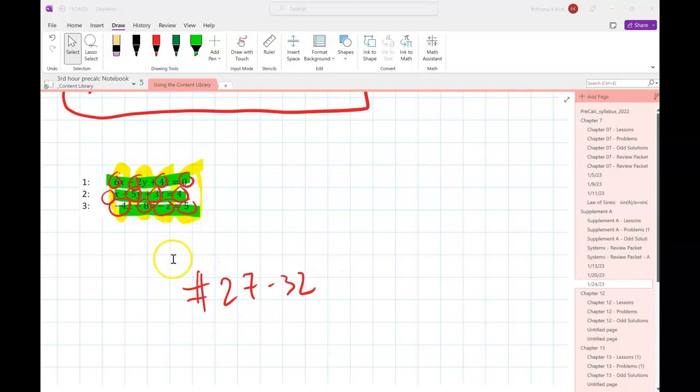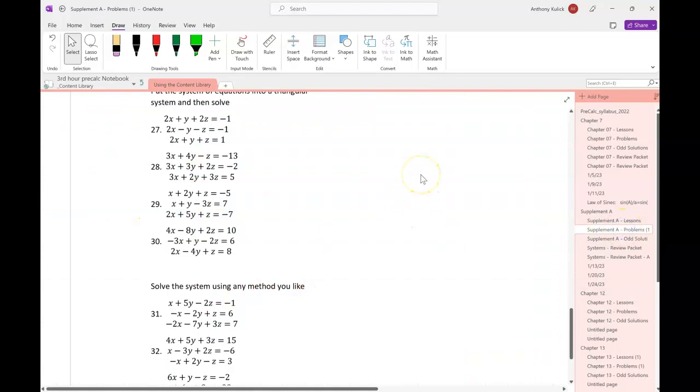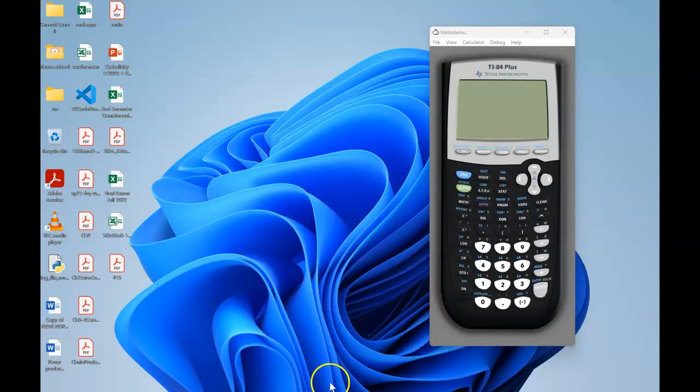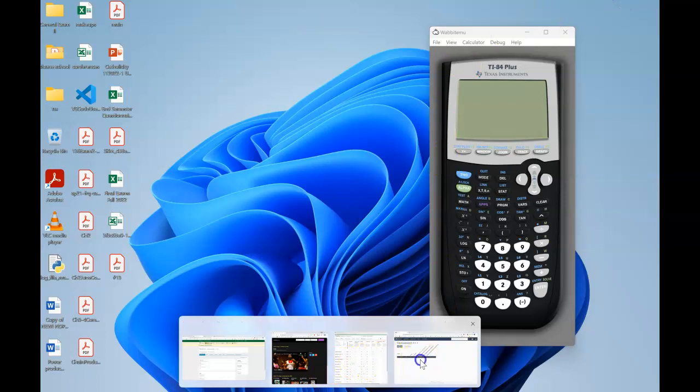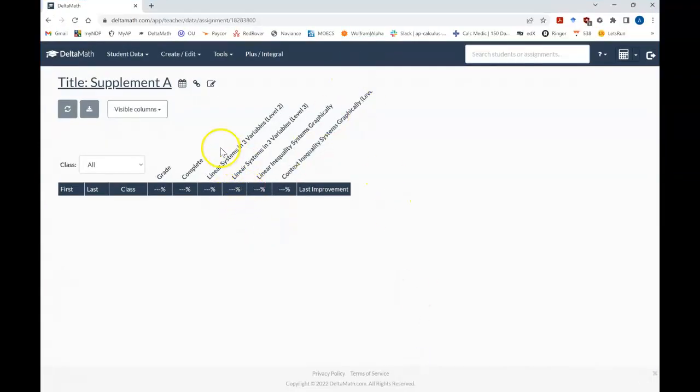Some of it we'll tack on to the current homework 27 to 32. So that finishes up the whole of the problem set for chapter A. I also made for you guys for chapter A a Delta Math assignment.